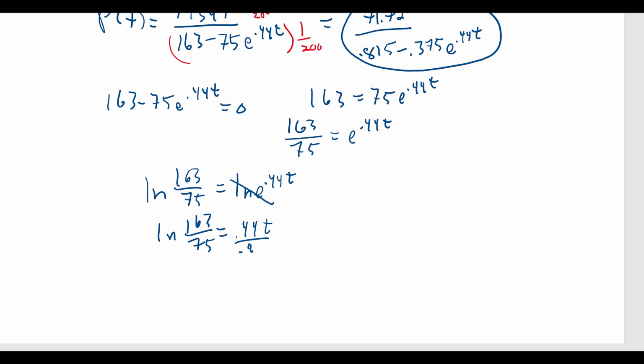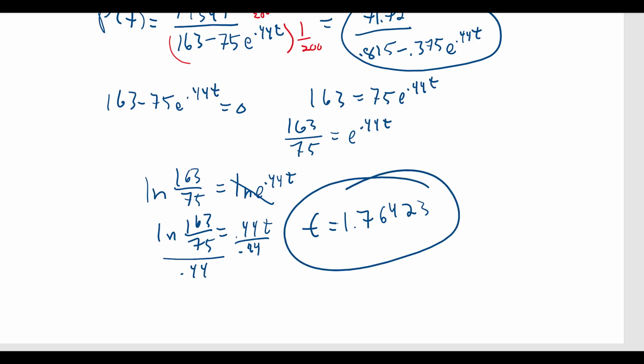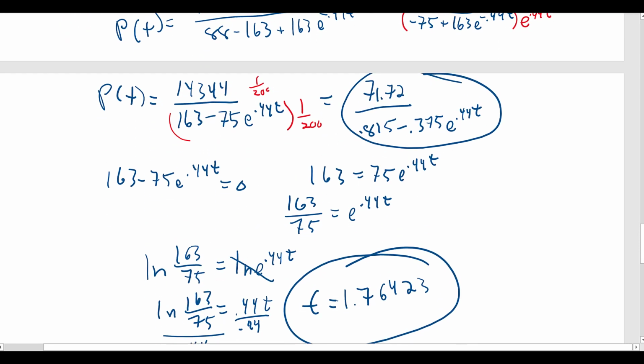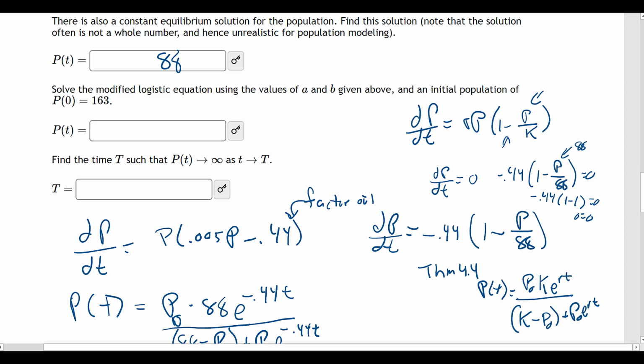Divide by 0.44, and t would equal 1.76423. And that's the time that it increases essentially to infinity. So not very long.